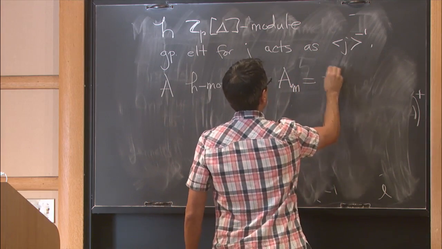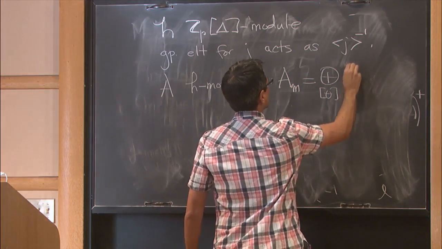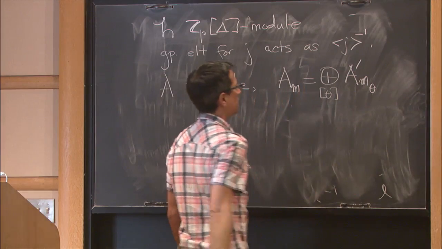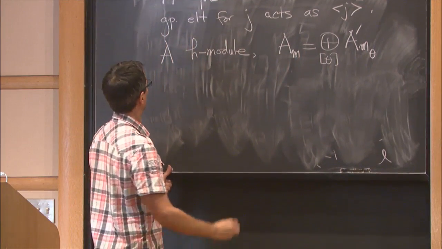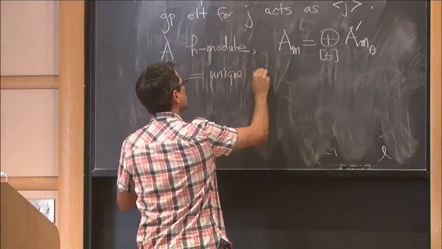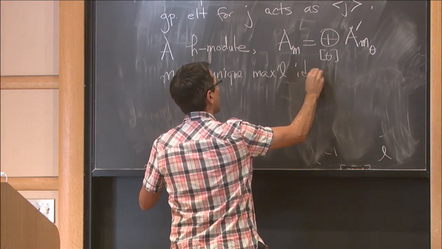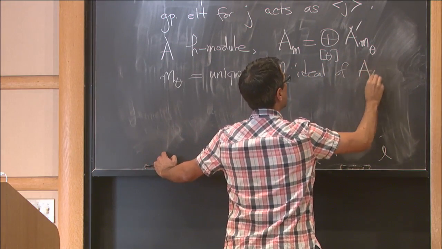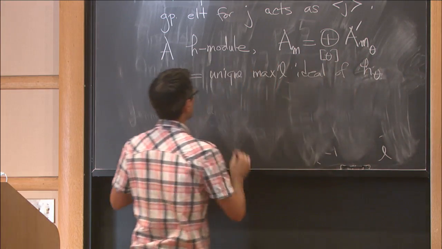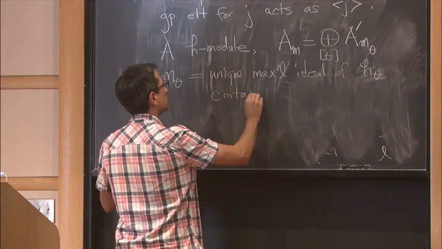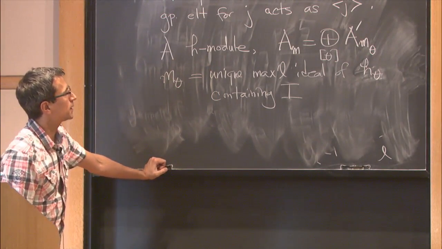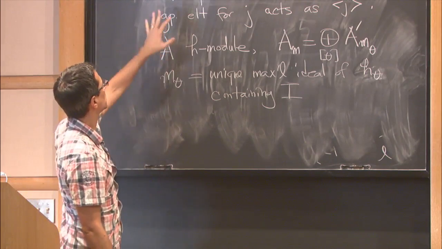So this will be a direct sum over the same theta, I just put the prime here to indicate the theta, of localization at various maximal ideals of the Hecke algebra, where m theta is the unique maximal ideal of H theta containing the Eisenstein ideal. There's exactly one. And so I can take that Eisenstein part, if you like, of this Hecke module.